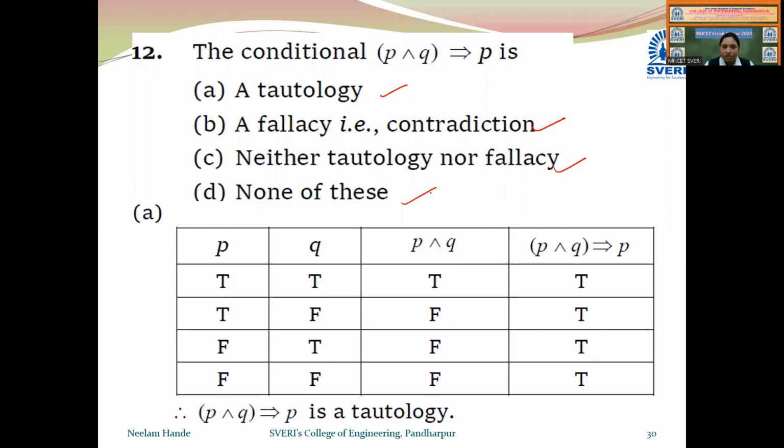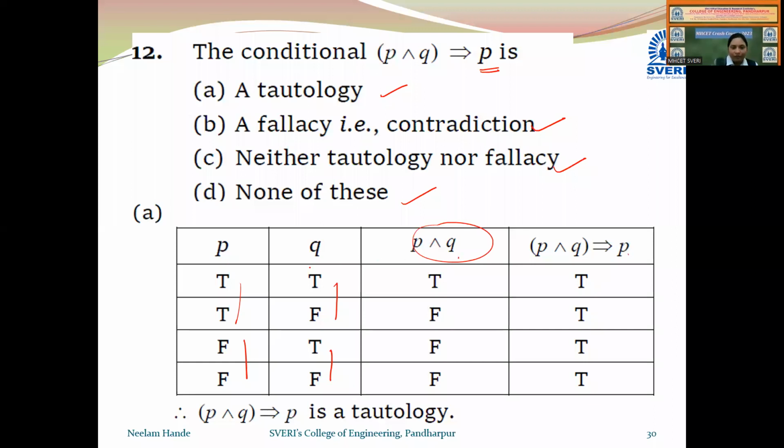Very good. For such questions, what you have to do is make a table. A table is a must. Then we can say it is a tautology. True, false, false, true, false, true, false. P and Q, as we know, true, true is true, other false. And then go to implication.